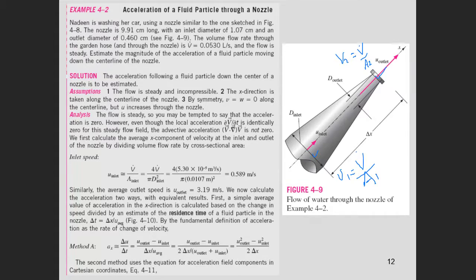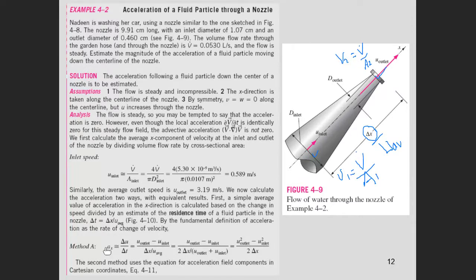If you divide del X by the average velocity, you get delta T, the time the particle takes to move from here to here: this distance divided by the average velocity. The average velocity is equal to V1 plus V2 divided by 2.